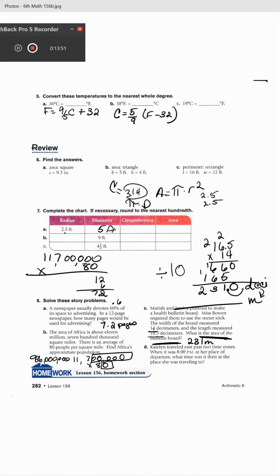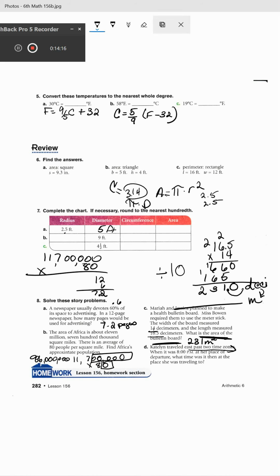231 meters squared. Caitlin traveled east past 2 time zones. When it was 8:00 p.m. at her place of departure, what time was it at the place she was traveling to? So she's traveling east.